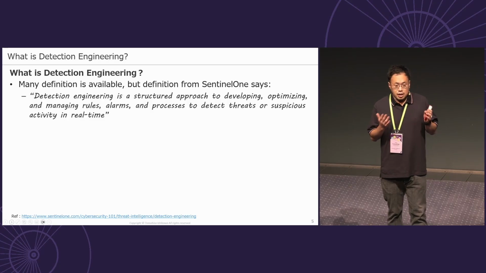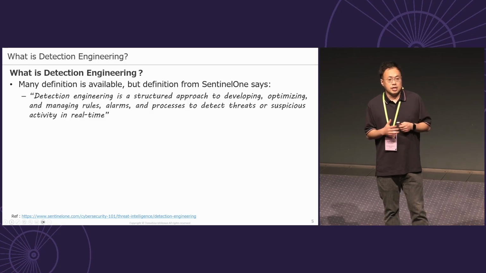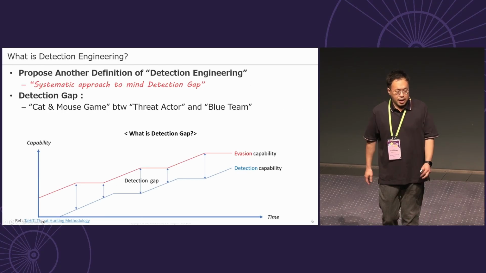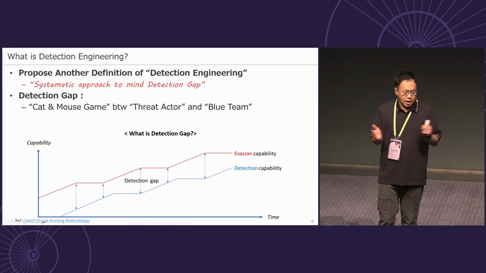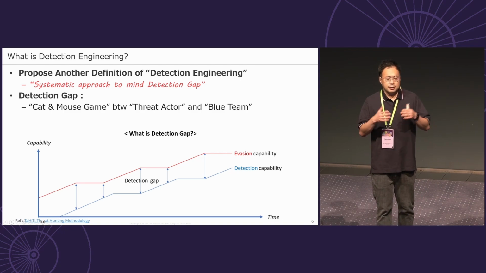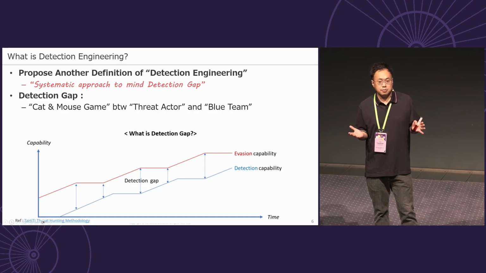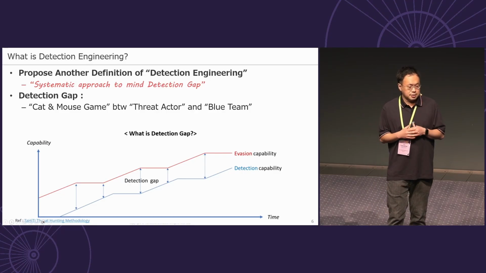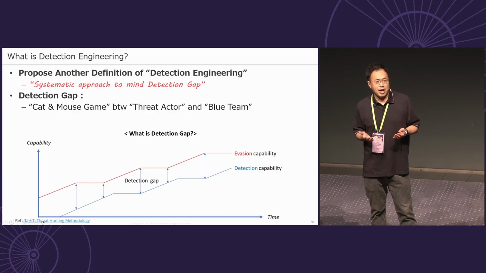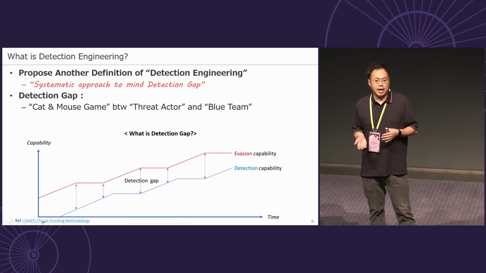I think this describes what detection engineering is. But I'd like to simplify this definition a little bit. I'd like to say that detection engineering is a systematic approach to mine the detection gap. The detection gap is, with a threat actor, we have a cat and mouse game as a blue team.